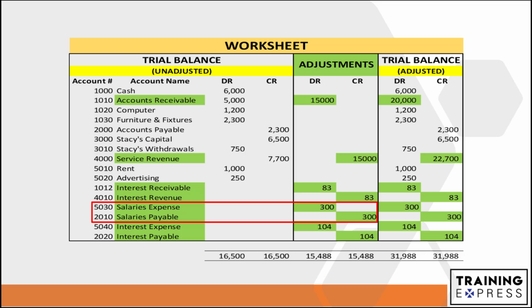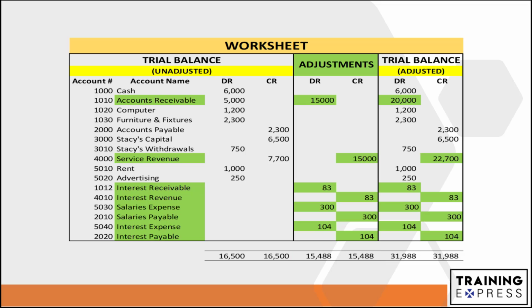Salaries expense debit 300, salaries payable credit 300. Interest expense debit 104 and interest payable credit 104. And at the bottom you will see that debit column is exactly equal to credit column.